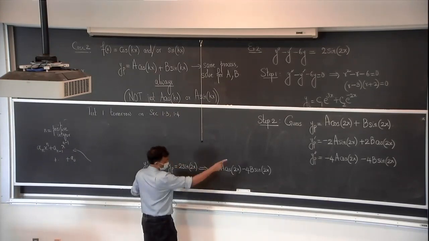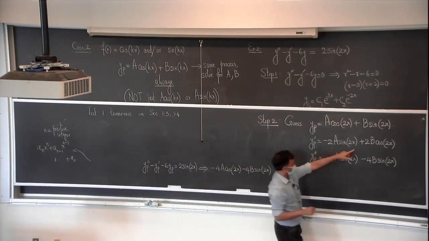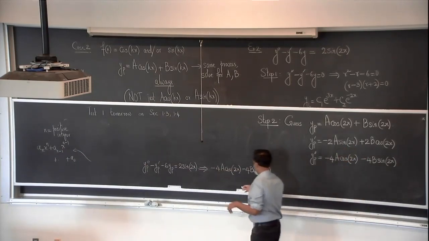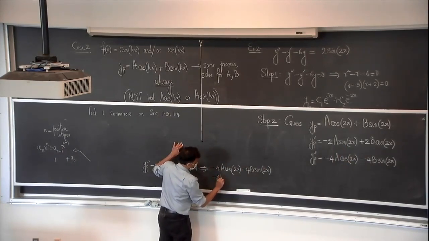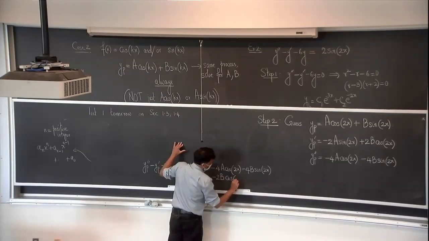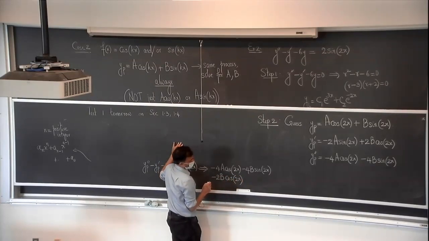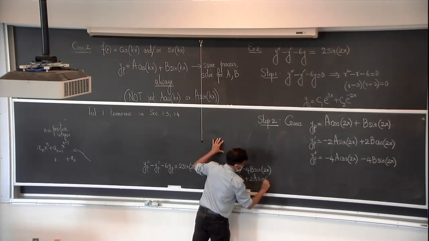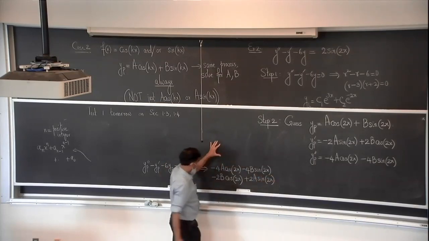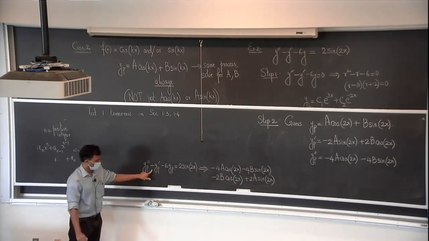Minus yp prime would be minus of this term. I'm going to write the cosine first and sine second so that I could see it easily later. That's minus 2b cosine 2x plus 2a sine 2x. That is my minus yp prime.